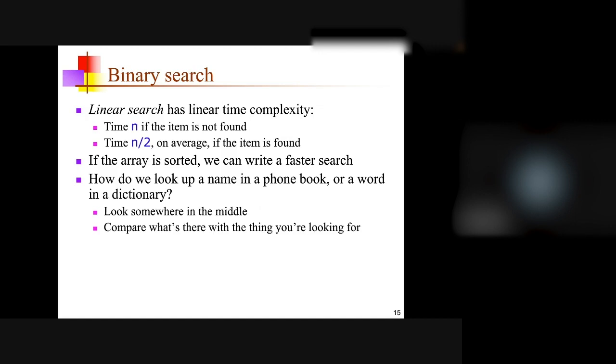Because we're guaranteed that any type of dictionary is sorted. Remember, you said in linear search you would have to start from the beginning until you find the item. So in a linear search, you would start from the letter A.